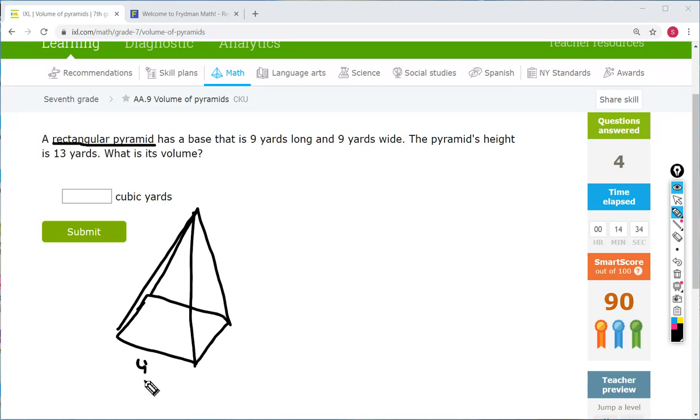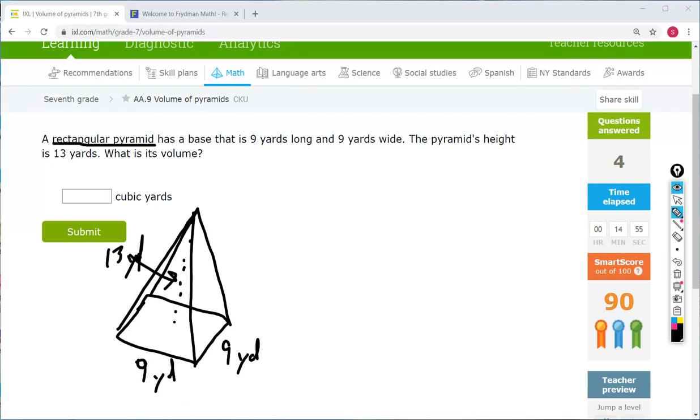And we're told that it's 9 yards long and 9 yards wide. So actually, it's a square-based pyramid. And the pyramid's height is 13 yards.